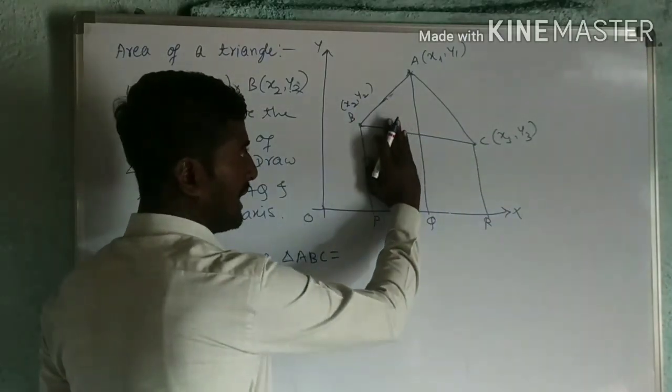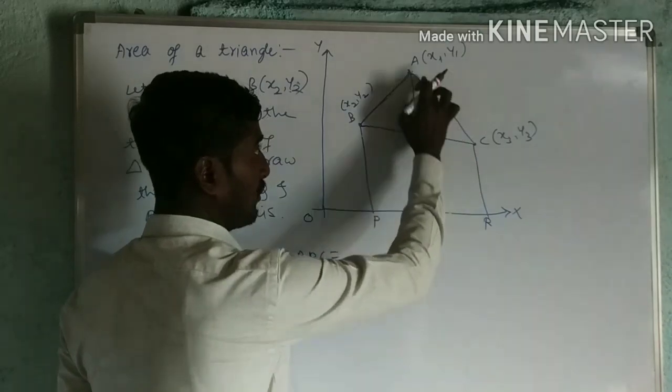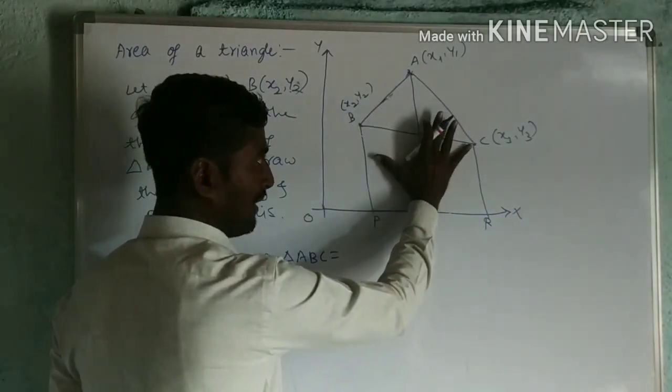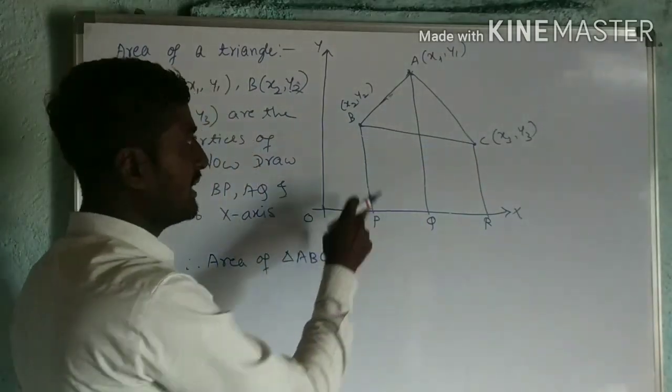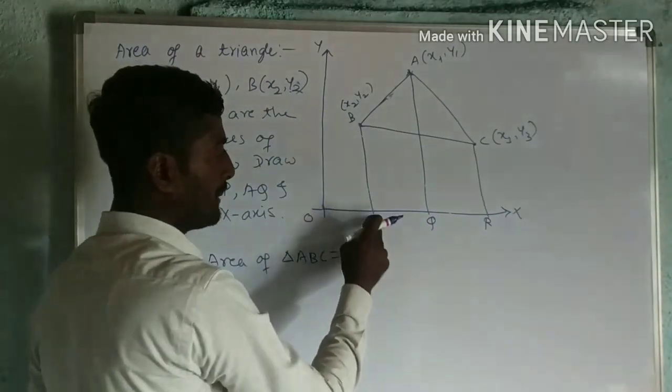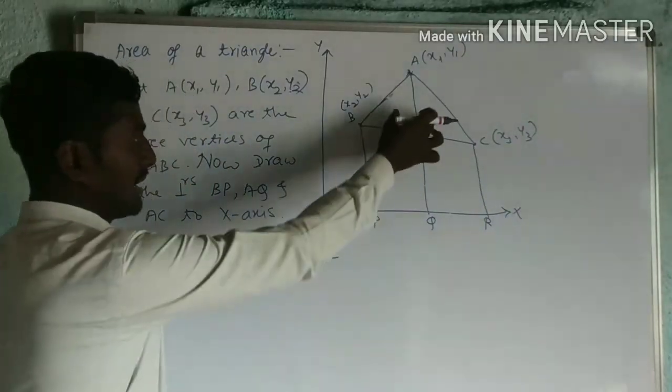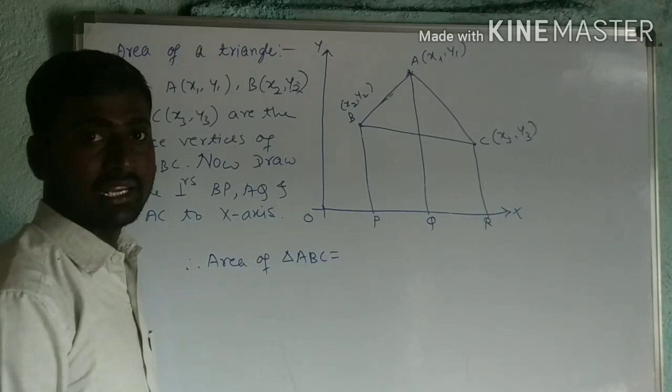Okay, this part plus this part, but I want only the area of triangle, so from this full part I remove this, that is the area of trapezium BPRC. Then automatically I will get the area of triangle ABC.